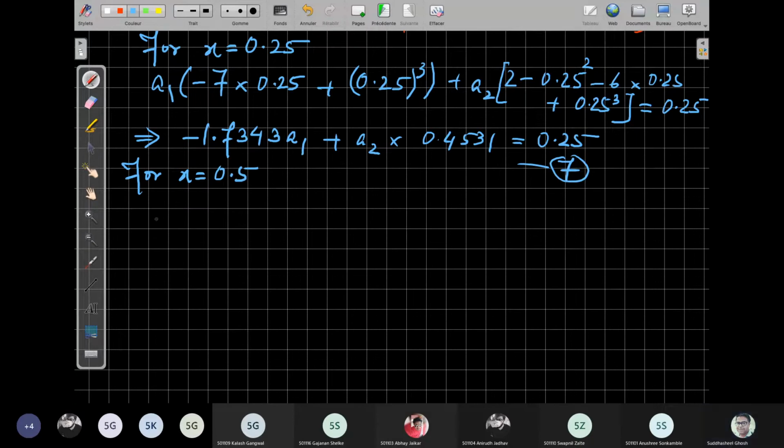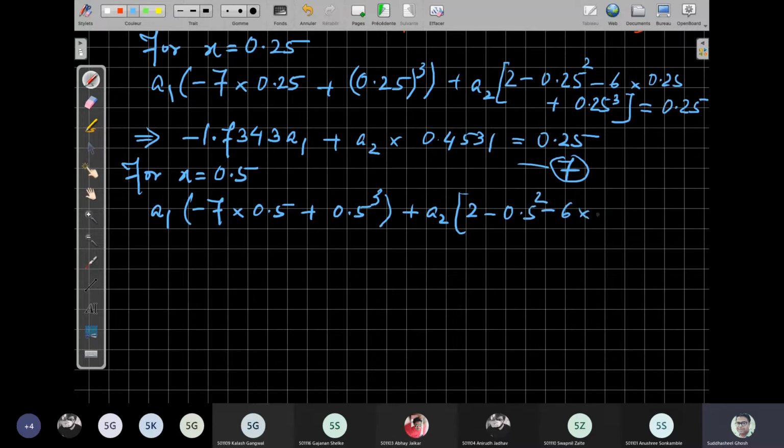A1 into minus 7 into 0.5 plus 0.5 cube, plus A2 into 2 minus 0.5 square minus 6 into 0.5 plus 0.5 cube, and that is equal to 0.5.